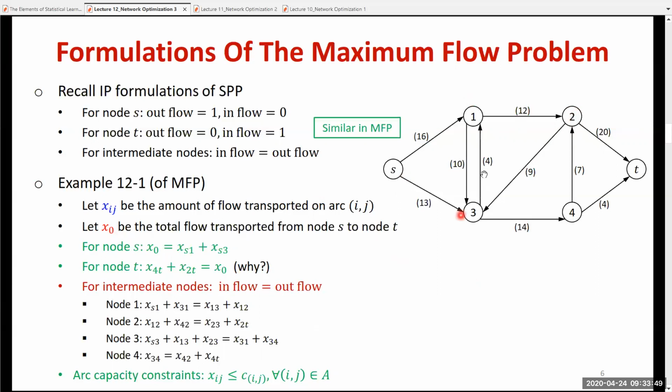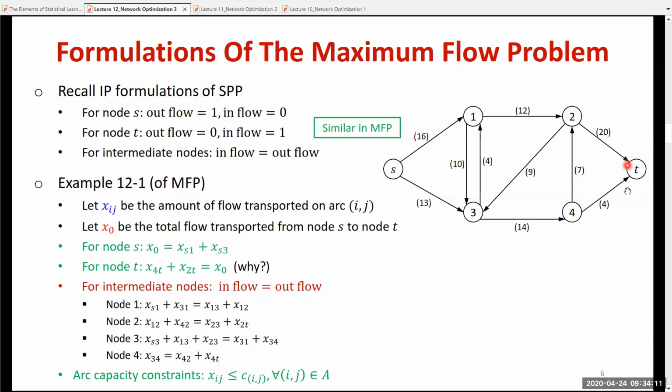And hence, I can guarantee that as long as I send x0 flows out from S, all of them, 100% of them, will be transported to node T. And hence, I have the total incoming flow to T equal to x0.